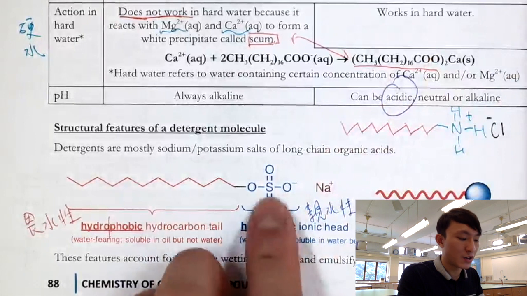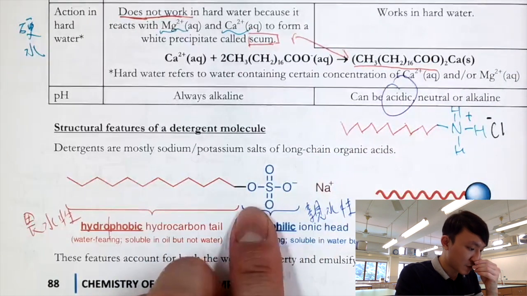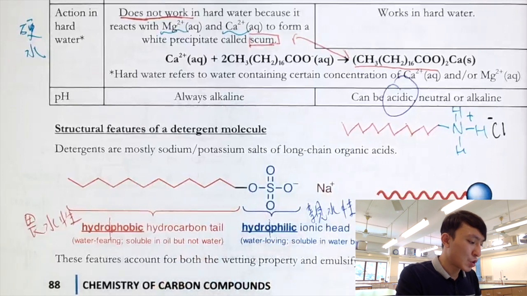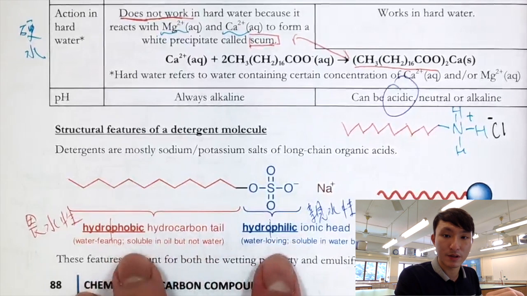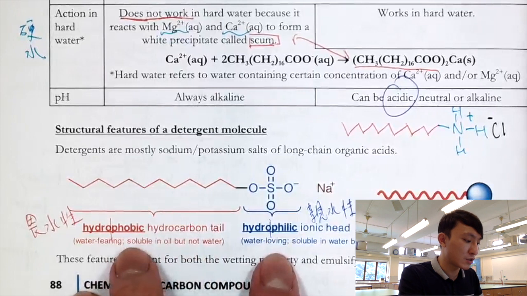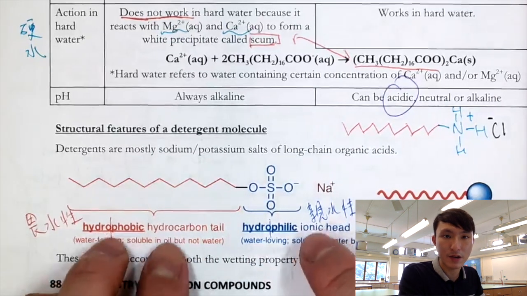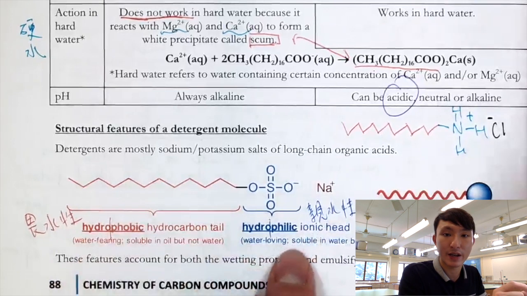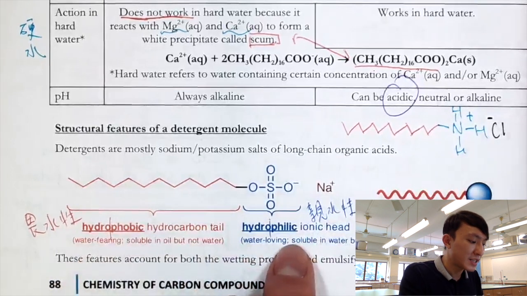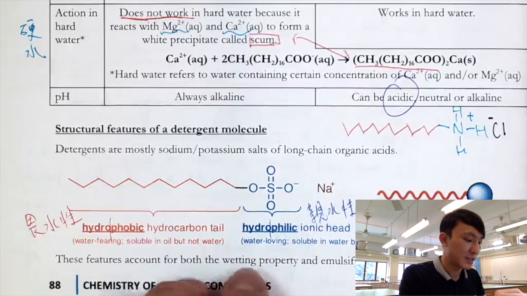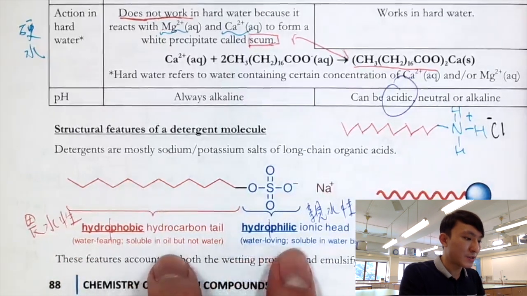With the anion, it is soluble in water, so it is a hydrophilic ionic head. So you notice that a detergent molecule, or even a soap molecule, has two distinctively different parts. One is a hydrophobic hydrocarbon tail, another is a hydrophilic ionic head. And these two are important for its function.